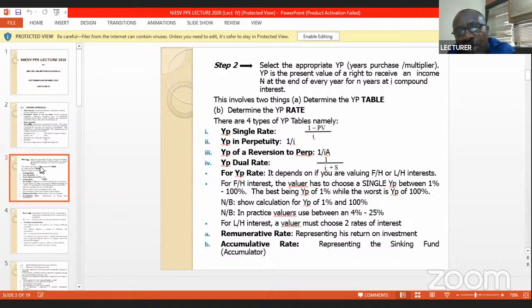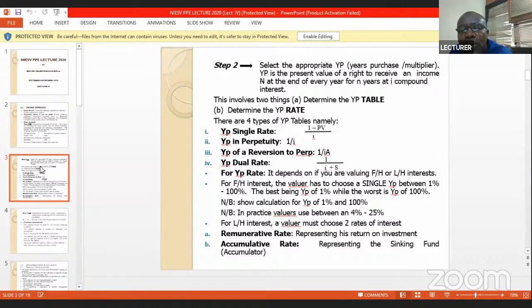Whenever the landlord is collecting a rent that is less than full rental value, then the YP to be used to value that rent is the YP single rate. Rent that is less than full rental value must be valued with YP single rate.